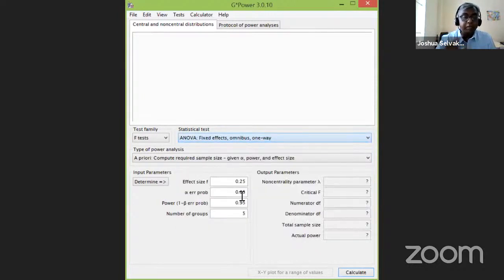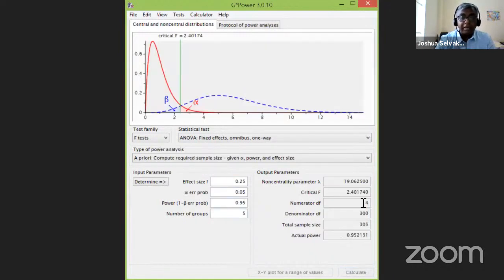Here I want to do one-way ANOVA. And this is the number of groups, the number of independent variables, the categorical variables on the dependent variable. I can find the sample size. Just click on calculate. Here it gives you the result.